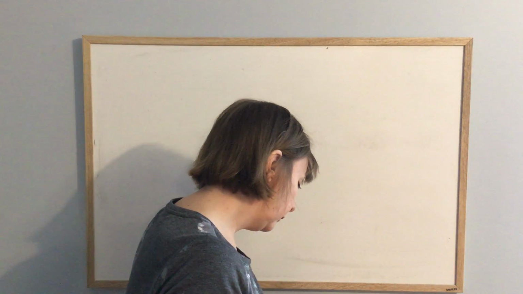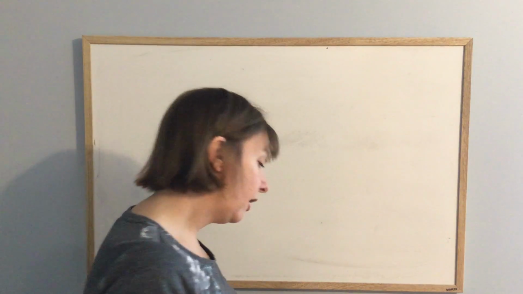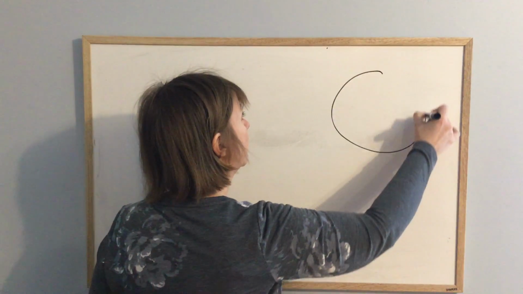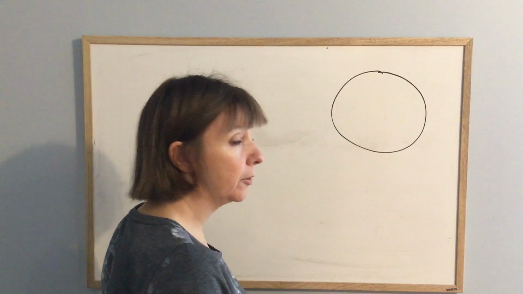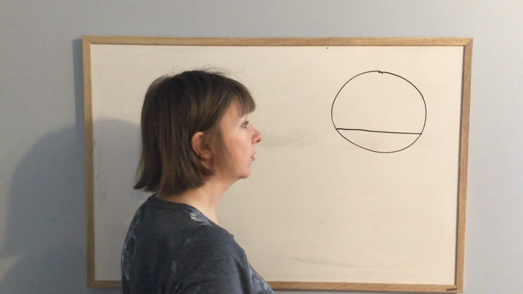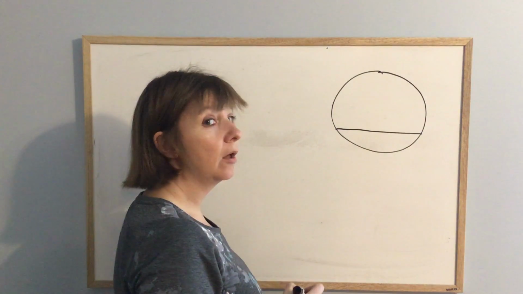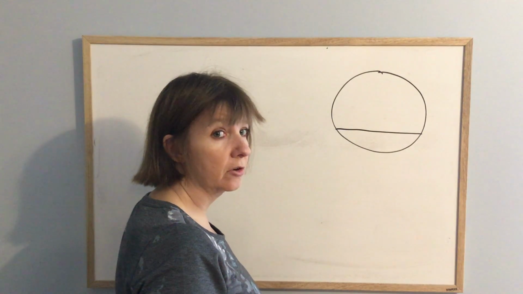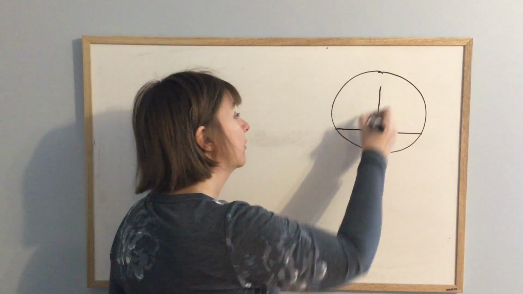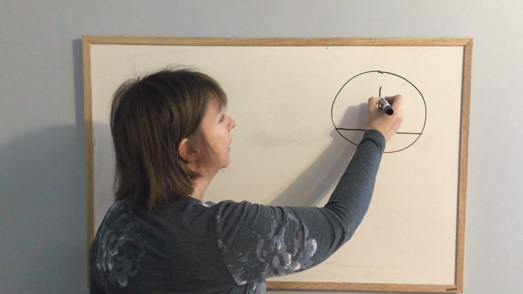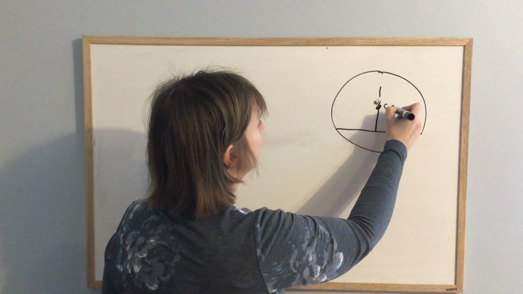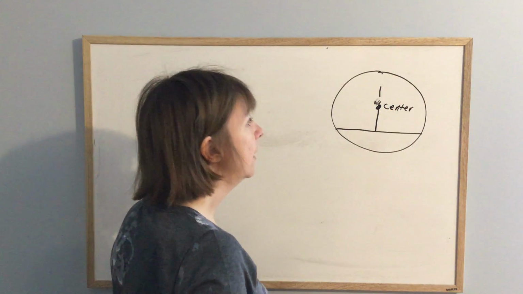Then they give a theorem, and they talk about a perpendicular bisector. So let's talk about what those fancy words mean. If you have a chord that goes from one side of the circle to the other, and you draw a line in the very center of that chord, and you draw it up through the circle, somewhere along that line is going to be the center of the circle.